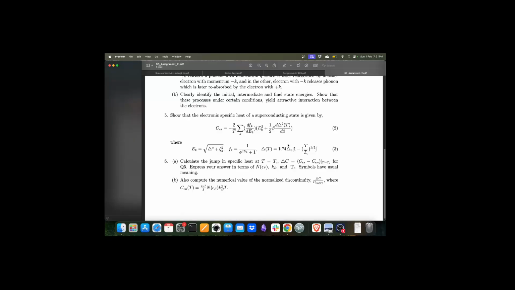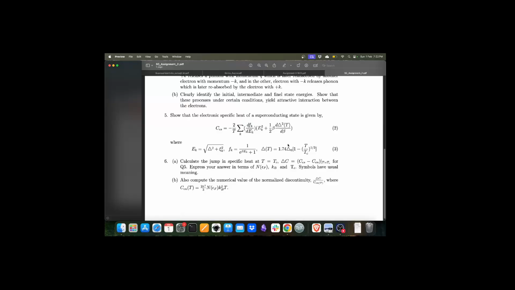So now, I needed to prove minus 2 by t sum of k del f del Ek square plus beta by 2 d of delta square t by d beta.